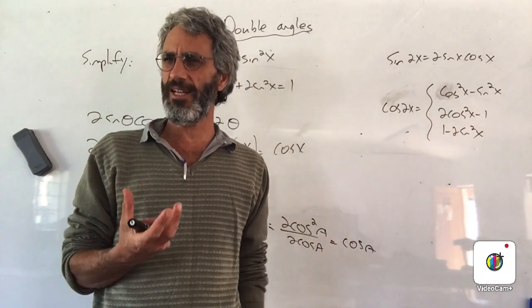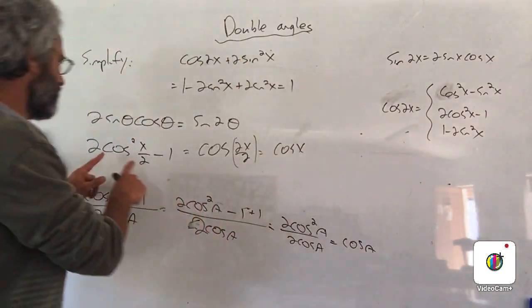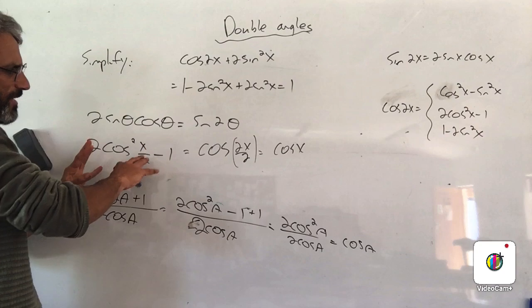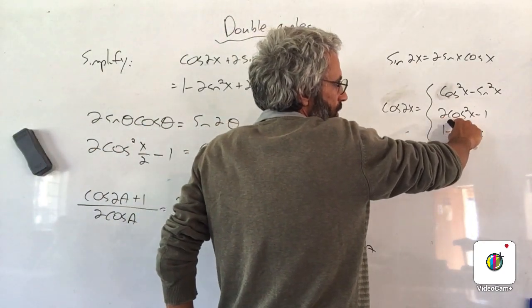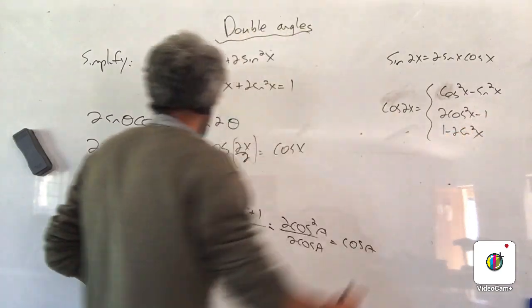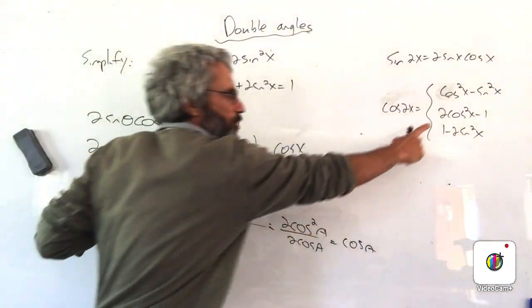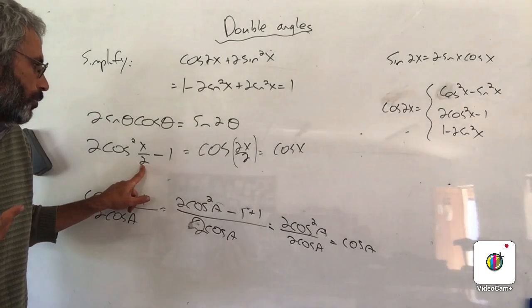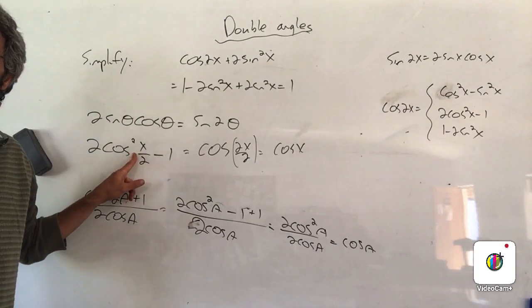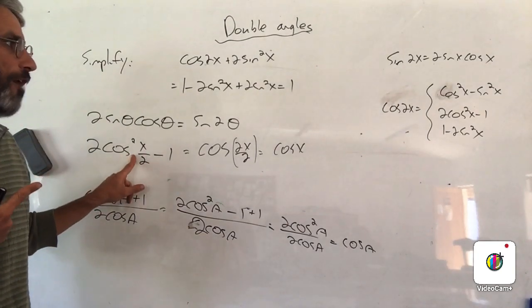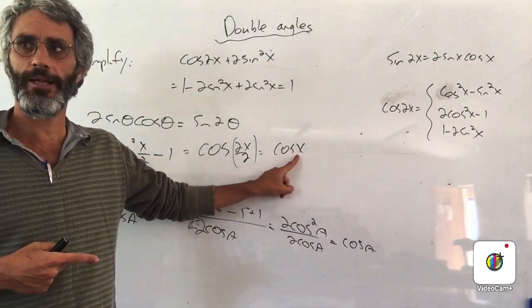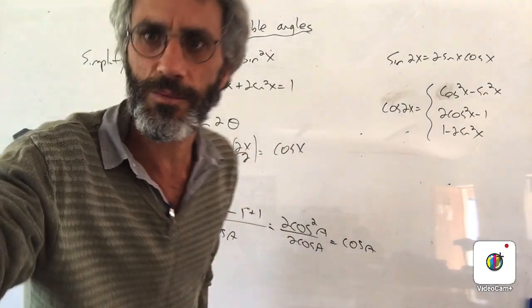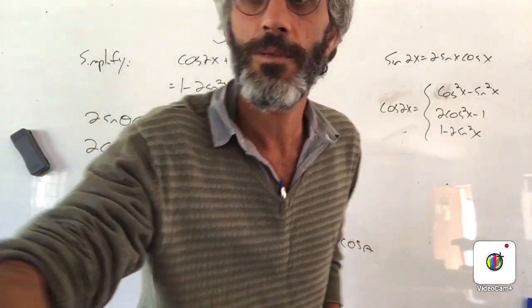Maybe not perfectly, but to be aware that if I have 2 cosine square something minus 1, it's a pattern like that. The only difference between these two, which makes this exercise a bit more difficult, is that here I have half of x. So double of half of x is just x. So I don't have 2x here, I've got x.